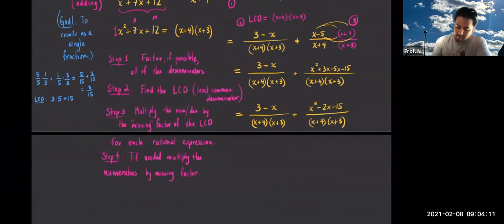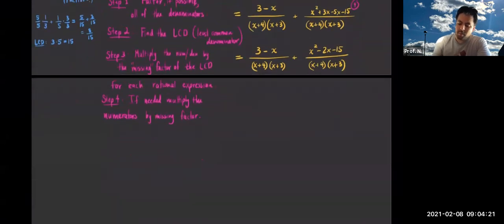So this is step number 3, and then step number 4 is right here. Okay, and then we continue. So look what we did, guys. We have the same denominator. Check. So if we have the same denominator, what can we do now?